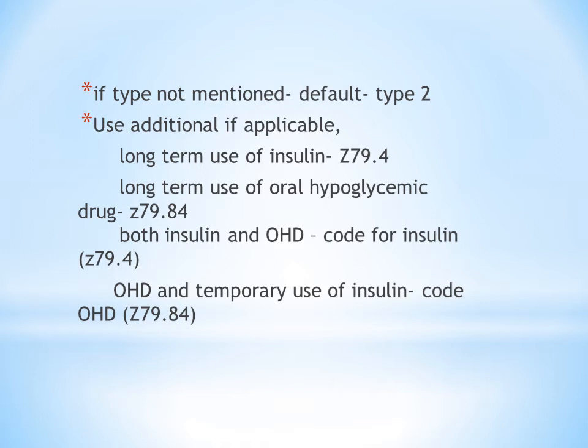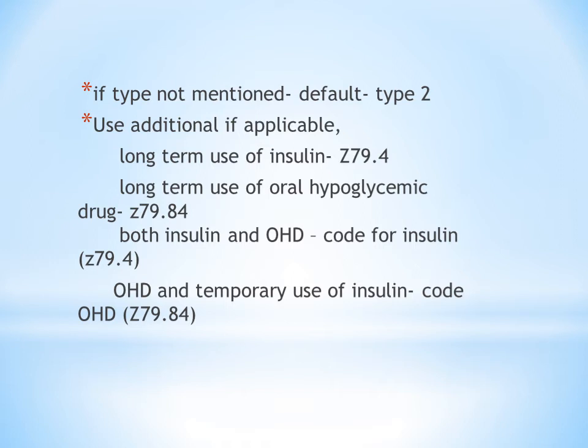And the last one is the use of oral hypoglycemic drug and temporary use of insulin, that is the patient is daily taking oral hypoglycemic drug and temporarily taking insulin. Then we have to code for oral hypoglycemic drug Z79.84 because that is what the patient is taking every day.